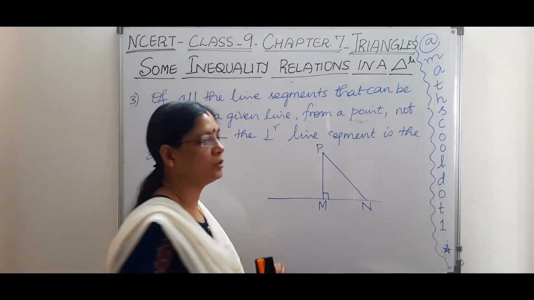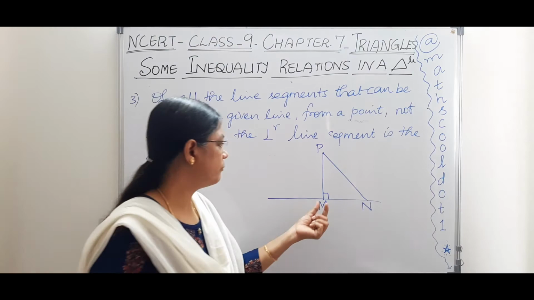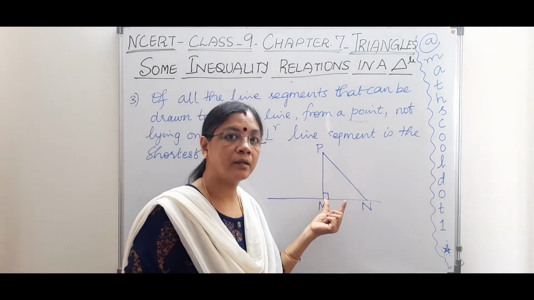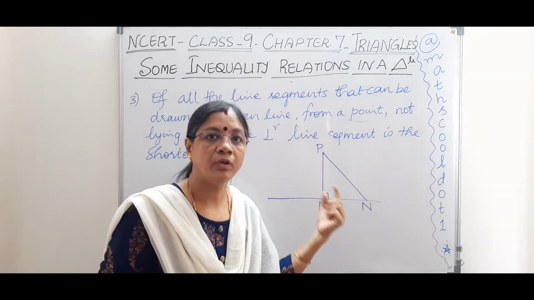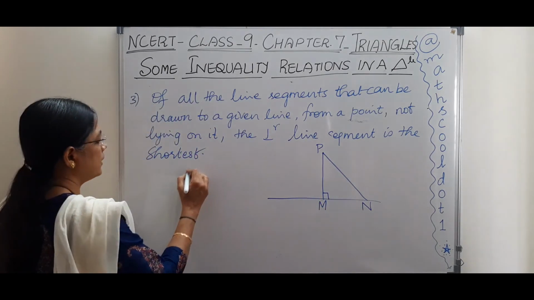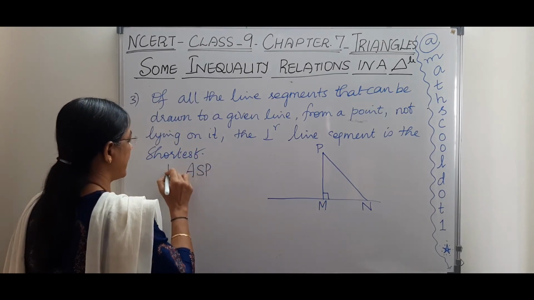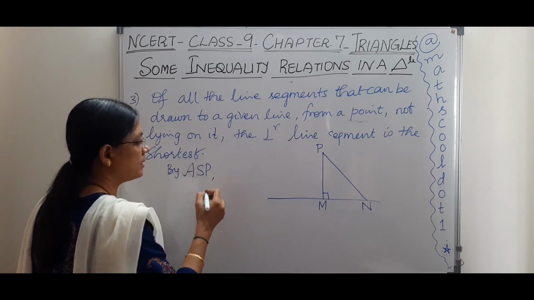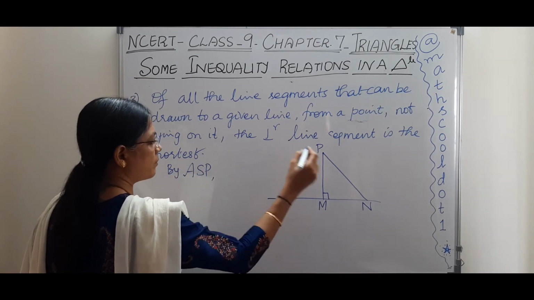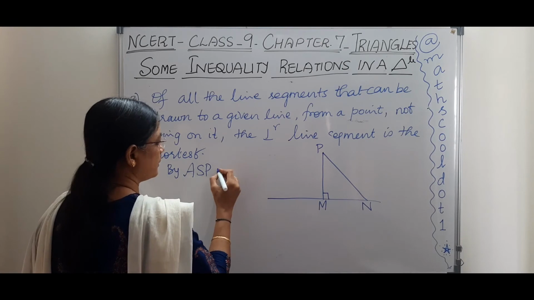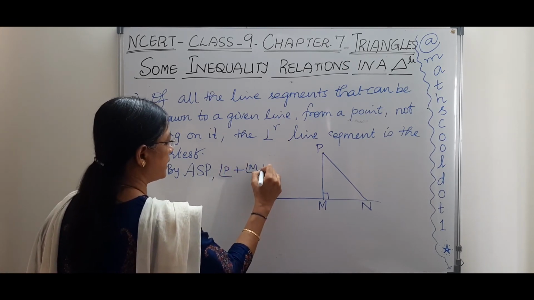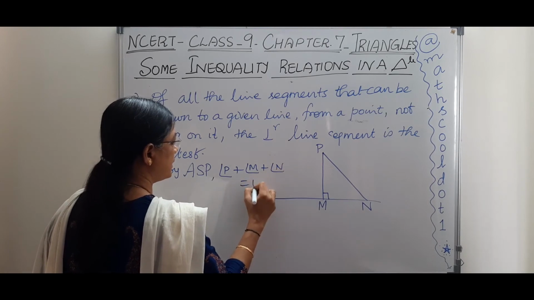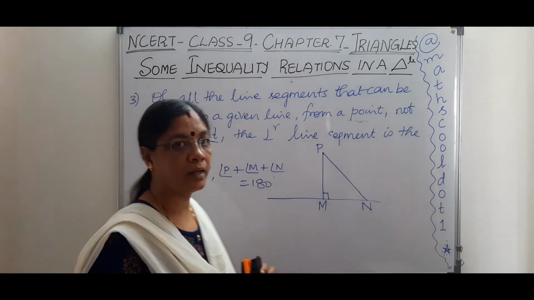Now we know that in a triangle, if one of the angles is a right angle, what about the other two angles? By angle sum property, ASP, in a triangle the sum of all the angles, that is angle P plus angle M plus angle N, should be equal to 180 degrees, right?